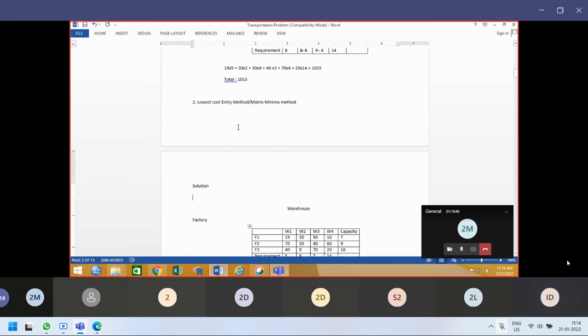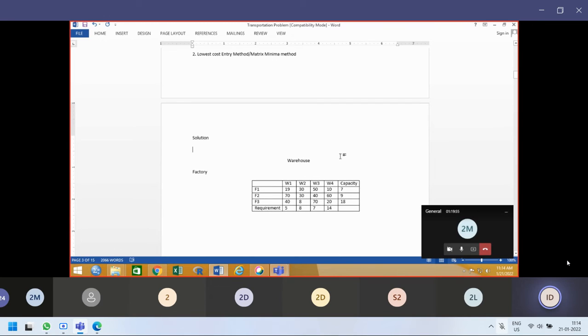Lowest cost entry method or matrix minimum method, the name itself suggests that we have to select the smallest element from the cost matrix, which is the lowest cost. The cost matrix is only this much, right?